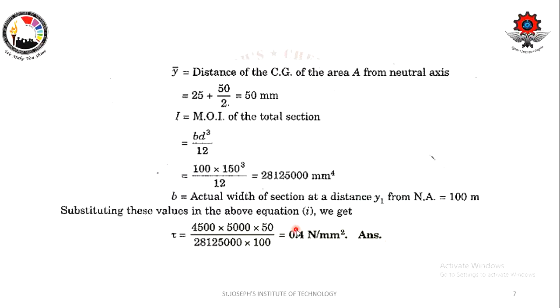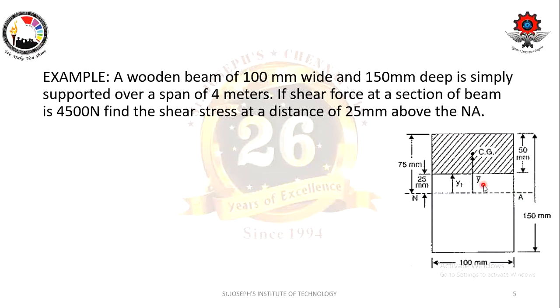Now we are supposed to find out the y bar. The shaded portion, that is the area above this particular junction, 25 mm above the neutral axis, has a CG. CG always lies at the center point of that particular shaded area.